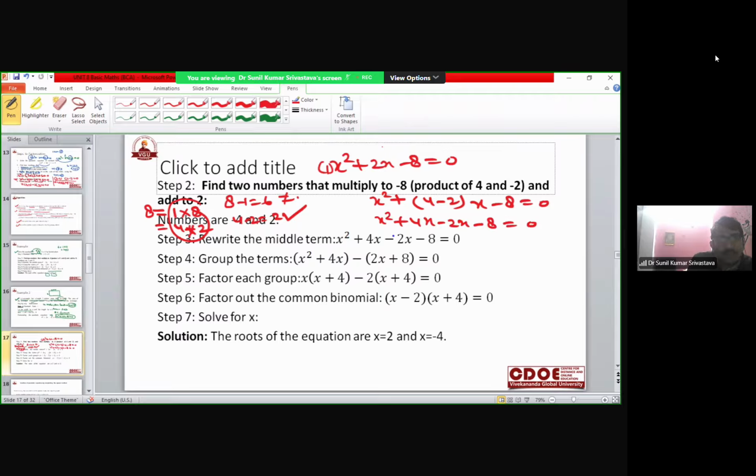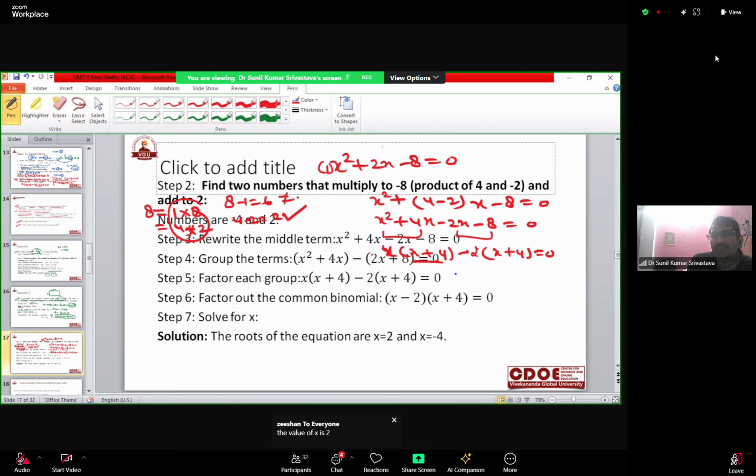Now make the grouping. In the first expression, we have the common x, so x into x plus 4. Here we have the common 2, and 2 times 4 is 8 also, so 2 into x plus 4. So it should be the same. This is x plus 4, here also x plus 4.